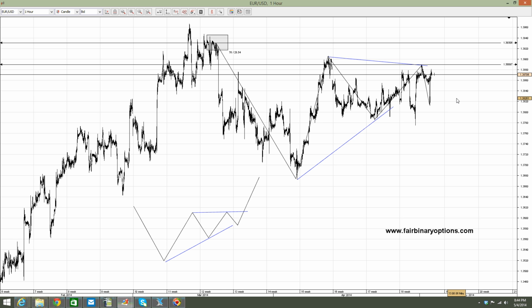1.3890. Now the ECB is coming this week, so I would like to see price breaking 1.3890 before the ECB, trying to, let's say, ignore all the shorts and all the bears and all the short signals on the market. But nevertheless, I would still favor the upside, as this A, B, C, D, E looks to be a continuation pattern.